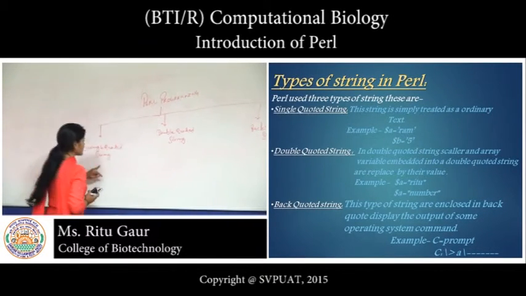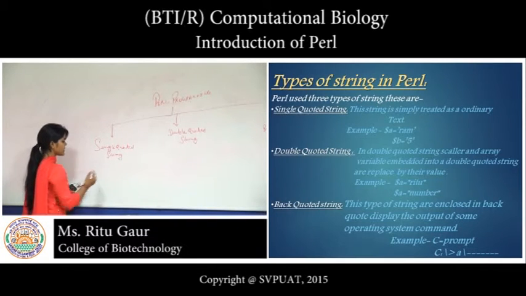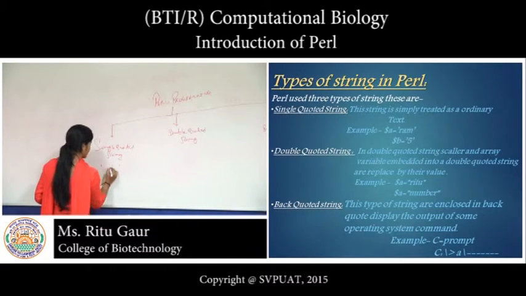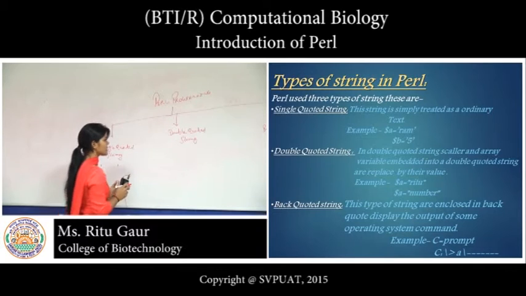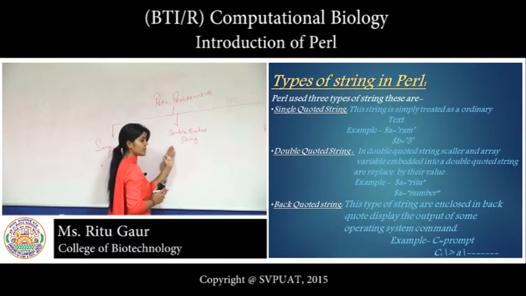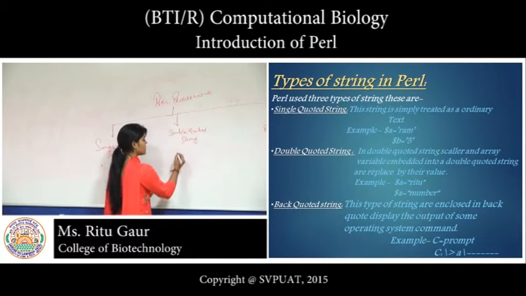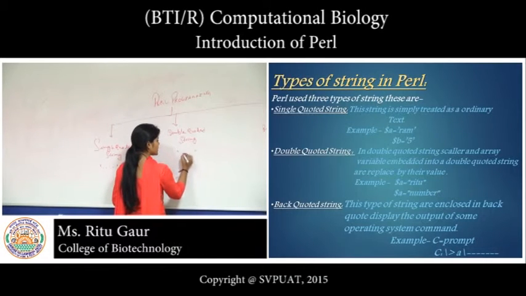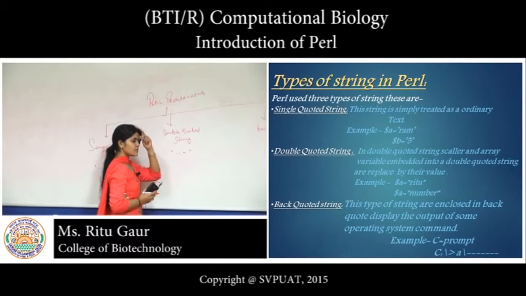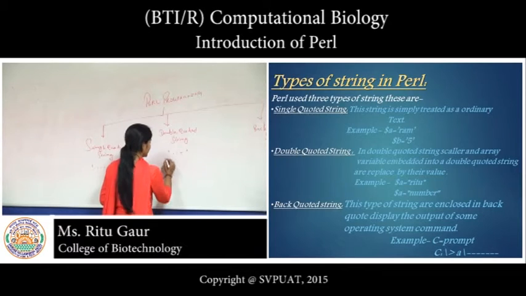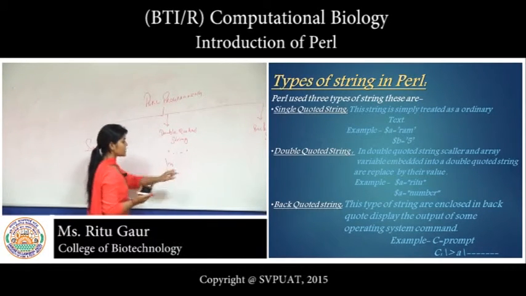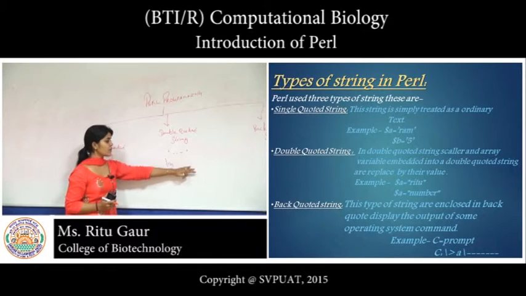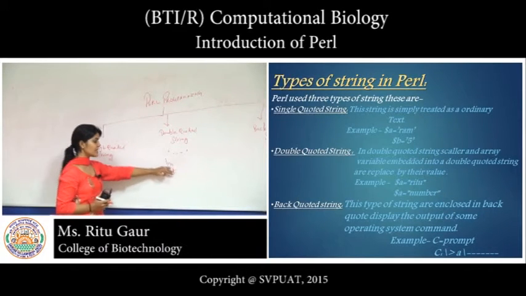In a single quoted string, data is stored in single quotes. Double quoted strings are based on two main features. First, the data is stored in double quotes, and second, they use a few commands like \n and \t. \n is used for a new line: if we want to put data on a new line, we use \n.